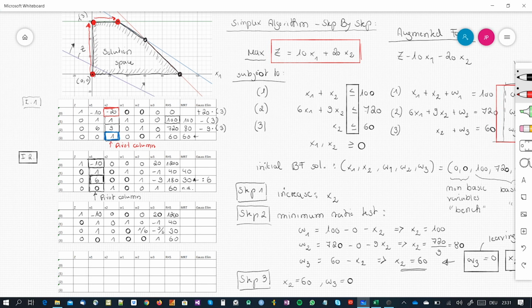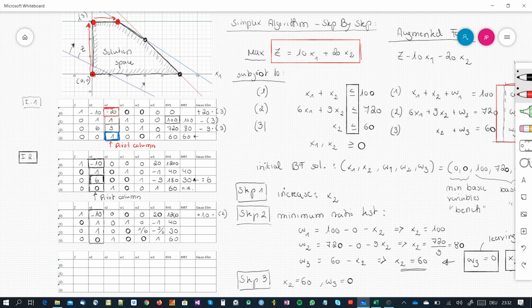So the next step is we perform Gauss elimination to eliminate the x1 from all the other constraints. Once again, how we can do it is we can take the objective function plus 10 times our pivot element row, which is the second constraint.